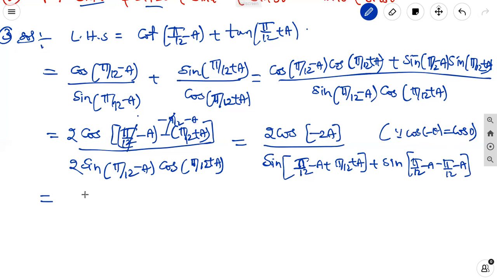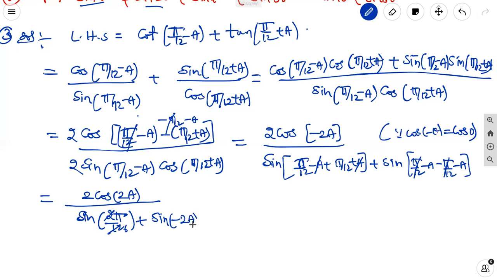So we can write the numerator as 2 cos of 2A by, here minus A plus A get cancelled, sine of 2 pi by 12, that is pi by 6, plus, here pi by 12 gets cancelled, sine of minus 2A.